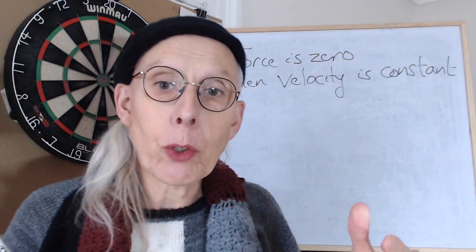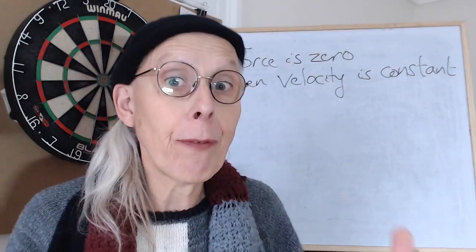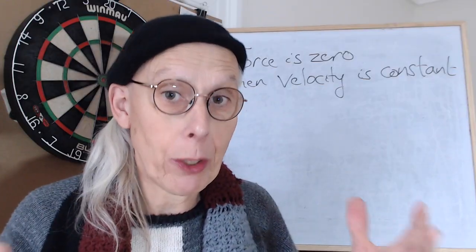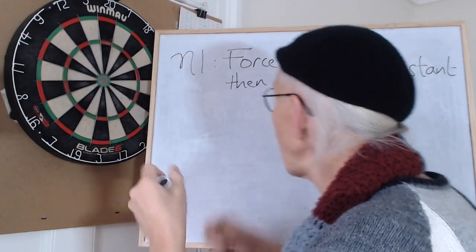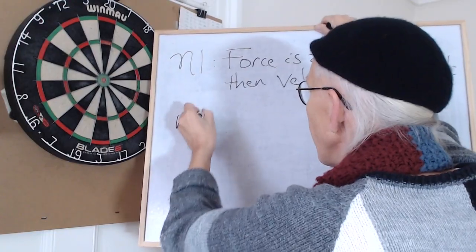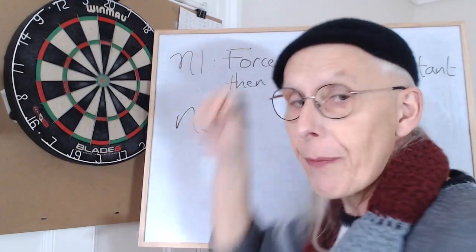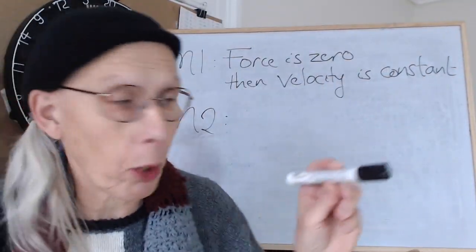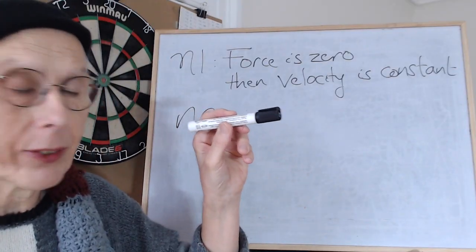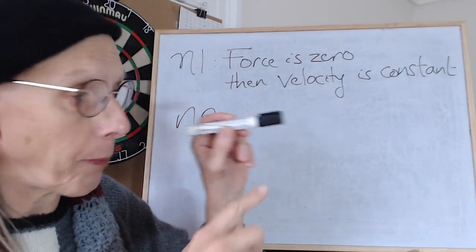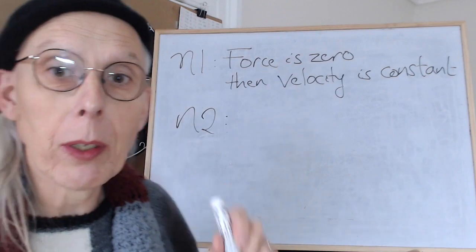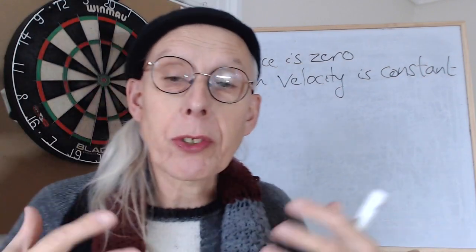So Newton's second law is all about, well, what happens if there is a force acting on an object? Newton's second law says that if a force is acting on an object, let's say that I give this a push, it will respond to that force.